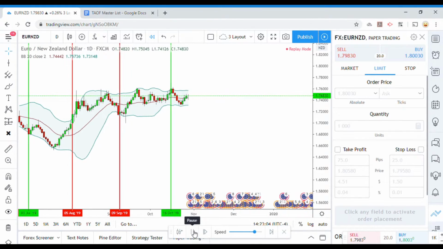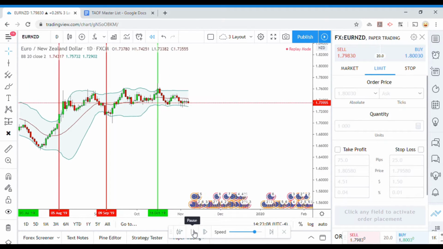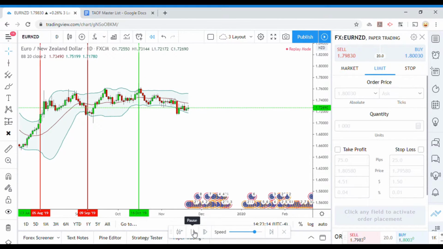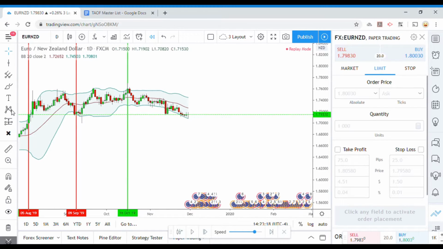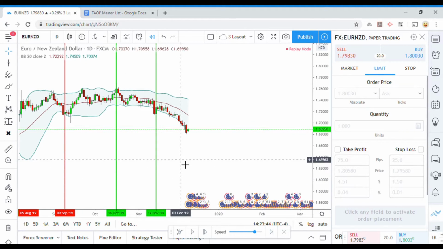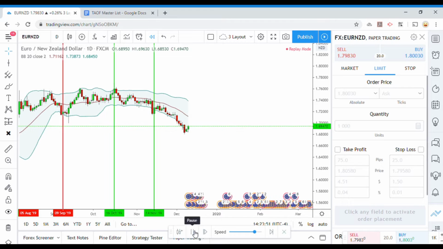And Bollinger Bands are doing really good, actually. Let's see here.